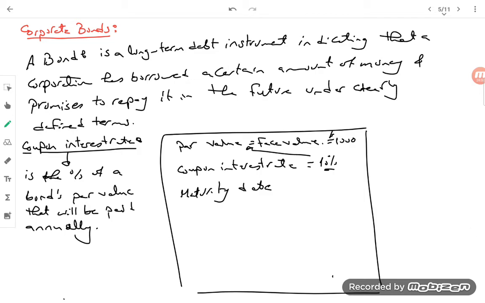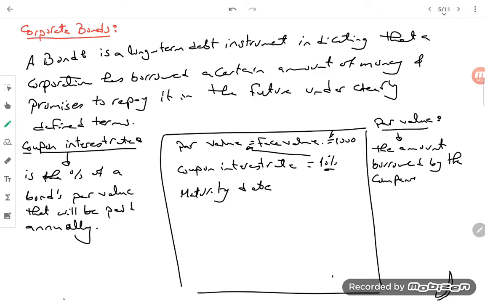The par value or the face value can be defined as the amount borrowed by the company and the amount owed to the bondholder on the maturity date.